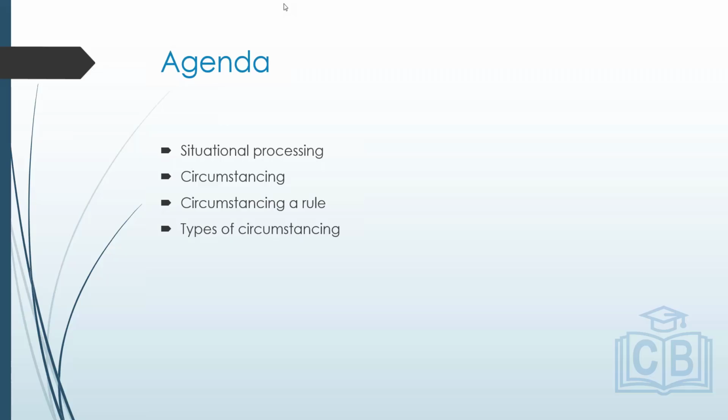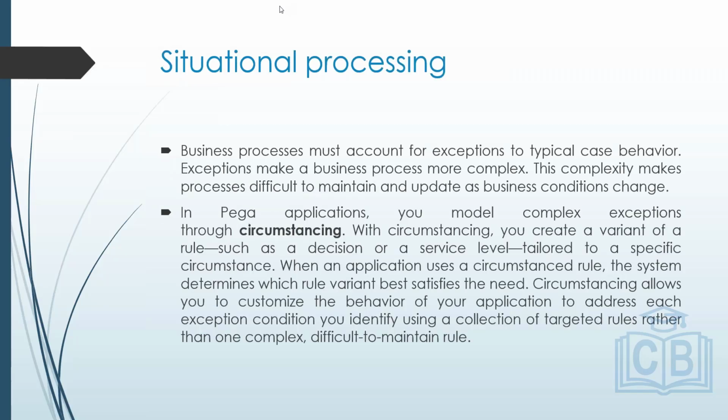So circumstancing is all about bringing in exceptional scenarios or bringing in some special scenarios for specific business conditions. Instead of creating more and more rules, more and more conditions and all, what we do is we circumstance the rule. So according to the business scenario that you give, the right circumstance rule would be picked.